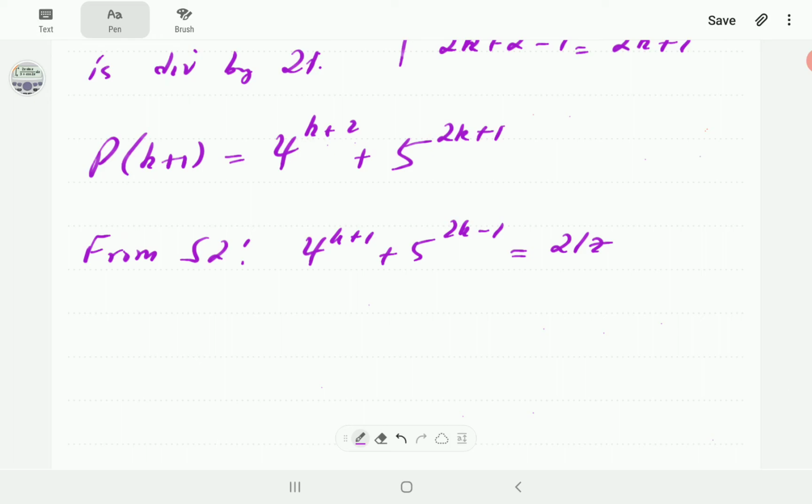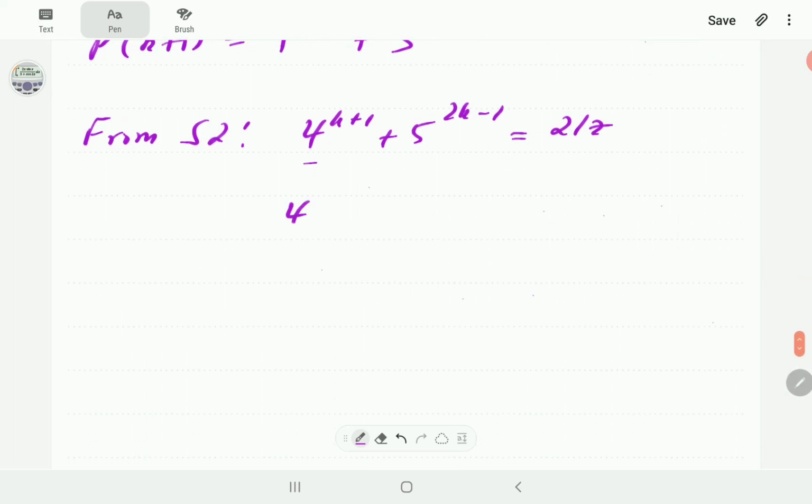Now, what we could do here is make this one the subject of a formula. So we're going to have 4 to the power k plus 1 is 21z minus 5 to the power 2k minus 1.